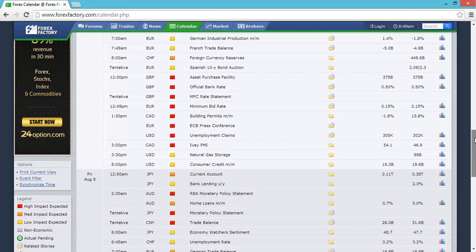At 12:45 PM GMT with the Eurozone and the minimum bid rates, that's expected to stay the same as well at 0.15%, those low percentage numbers there. At 1:30 we've got the Canadian building permits month on month, expected a much weaker number here than previous, so forecast is minus 1.8%, the previous was 13.8% there, big difference.